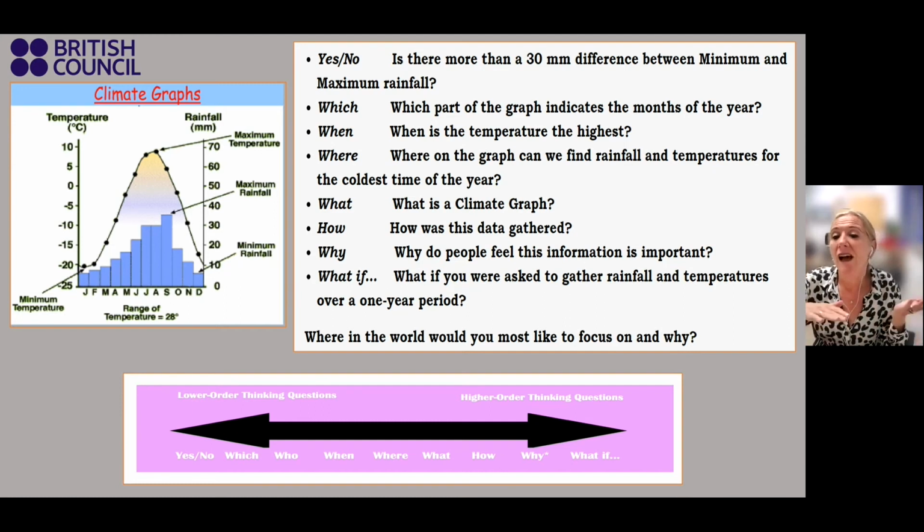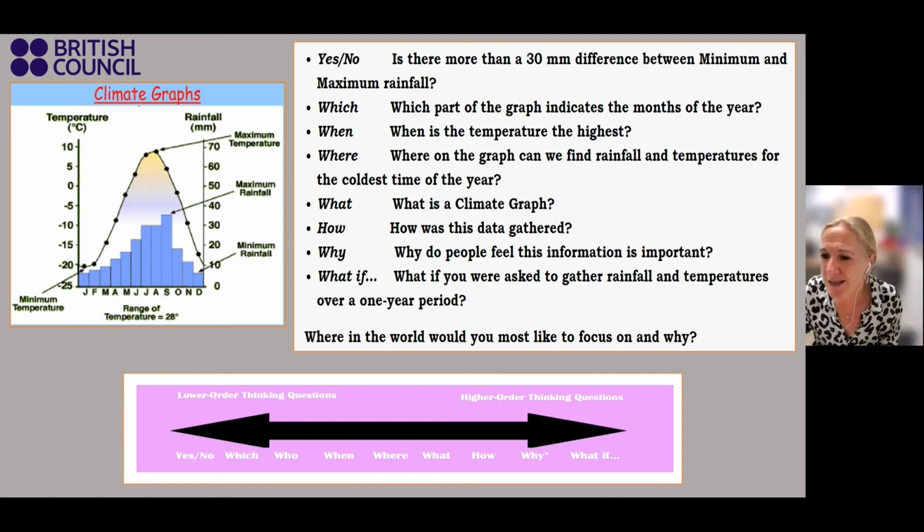The basic: looking at this graph, write a question for another group which has a yes, no answer. Write a question which involves, for example, which part of the graph indicates the months of the year. Nice and simple. But move on up through the climb towards the higher order thinking questions.